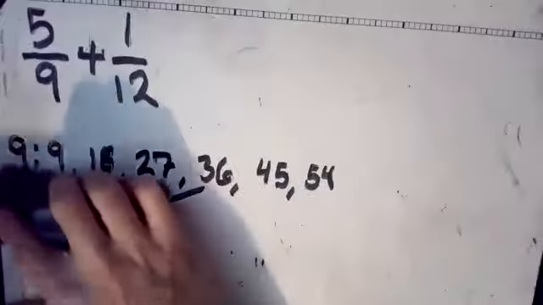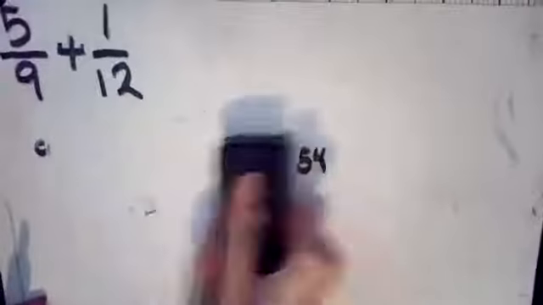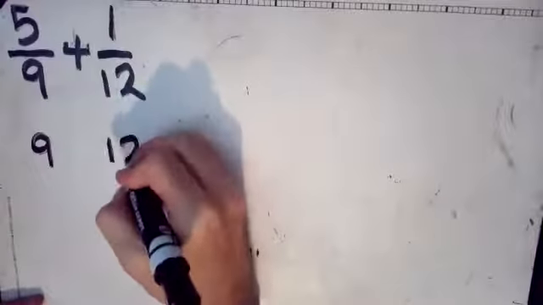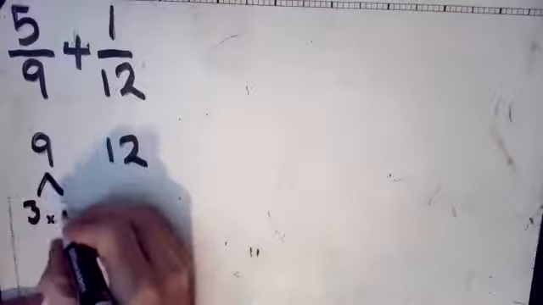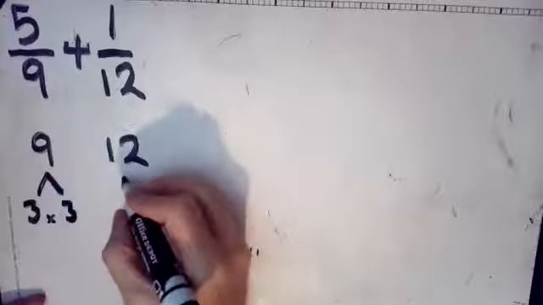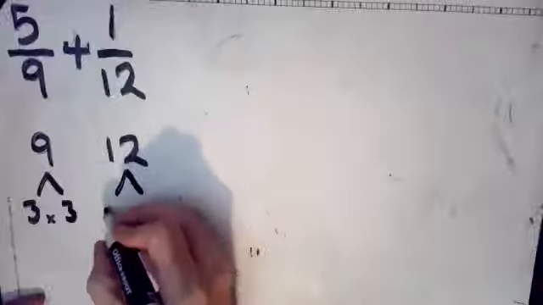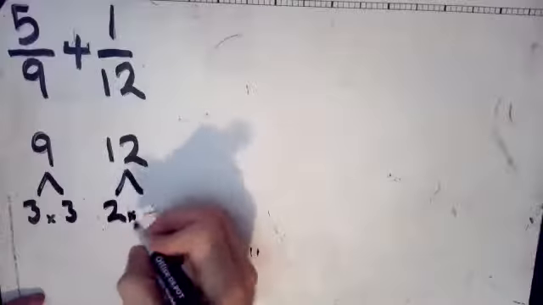Finally, we can look at our factors. And so I have 9, and I have 12. And I know 9 is 3 times 3. I know 12 is 2 times 6, but 6 needs to be broken as well.